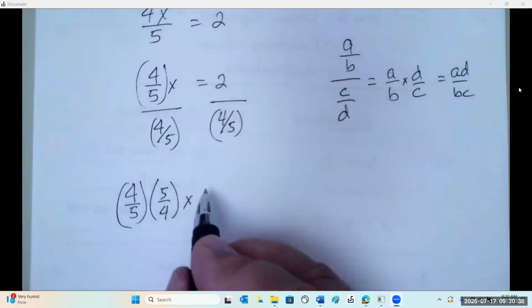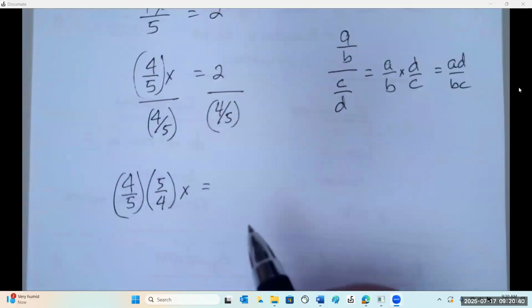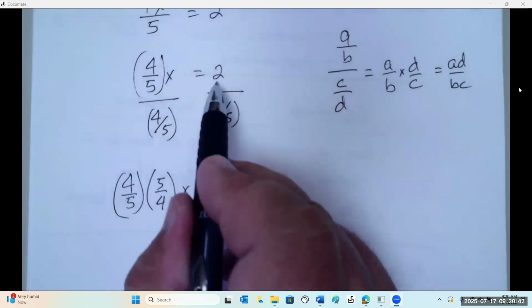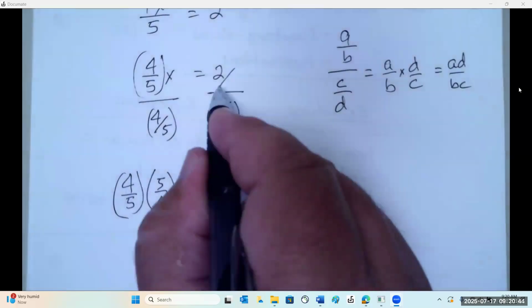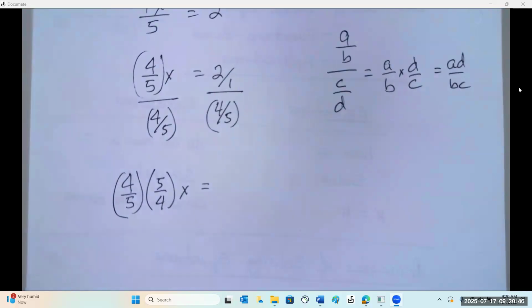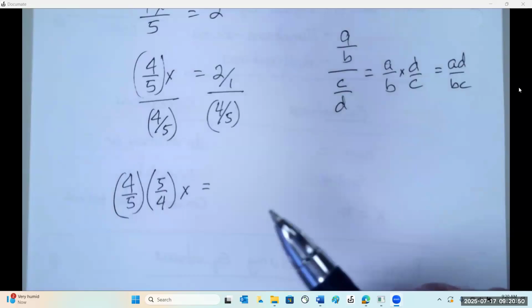There's still that x there. Is this a fraction? Yeah, every number is a fraction. 2 is a fraction because it's 2 over 1.